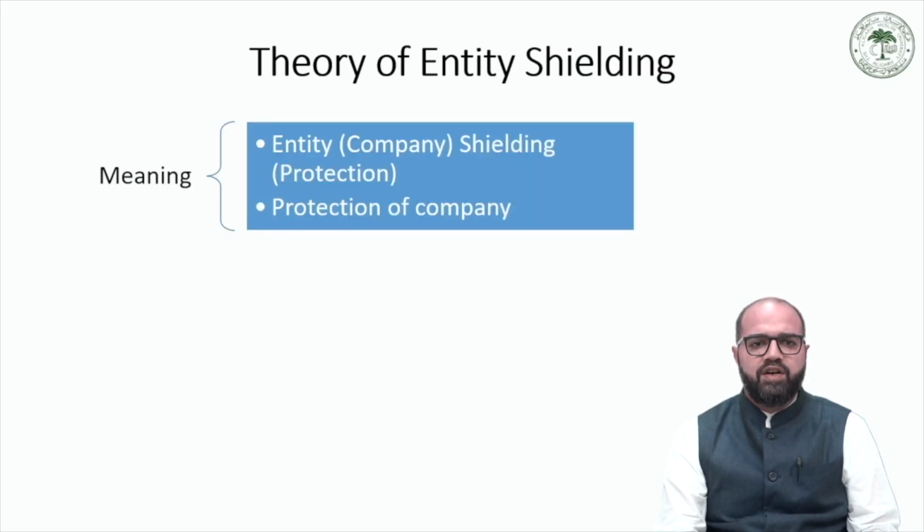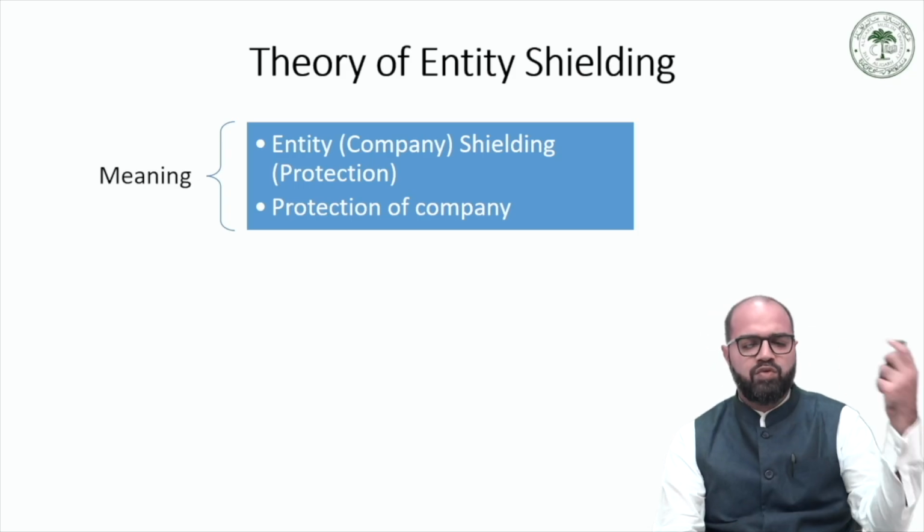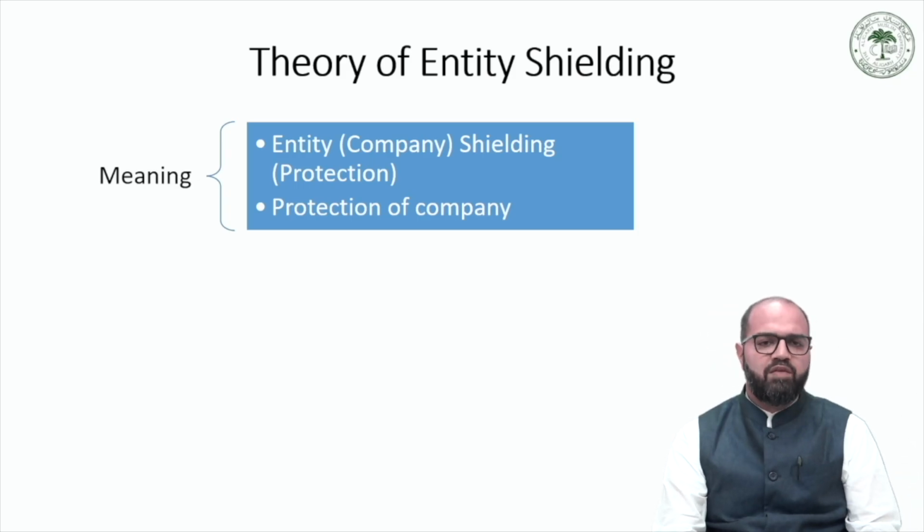Now the term entity shielding refers to the rules that protect a company's assets from the personal creditors of the shareholders. So the term entity here refers to a company and the word shielding refers to protection. So this theory is for protection of a company, as opposed to the theory of owner shielding which is for protection of a shareholder of a company.